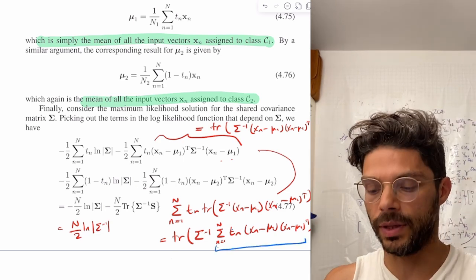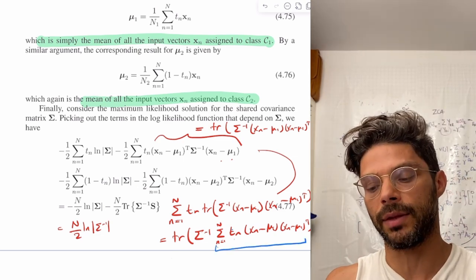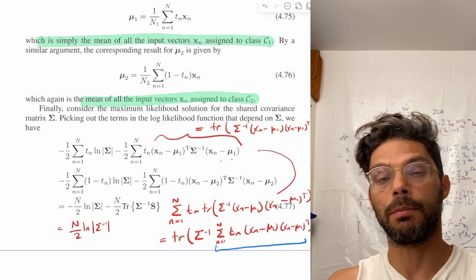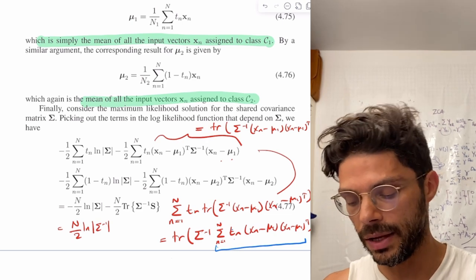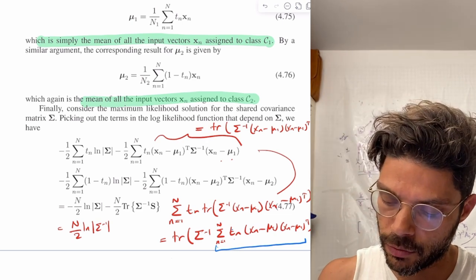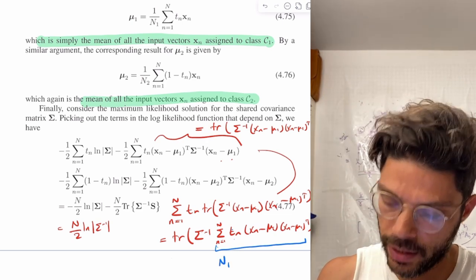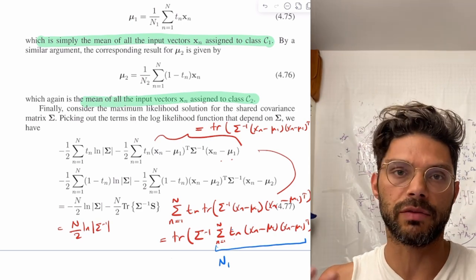What the t_n is doing is just picking out the data points that belong to the first class, and so we can write this as N1 times the covariance of the points in that class, right?